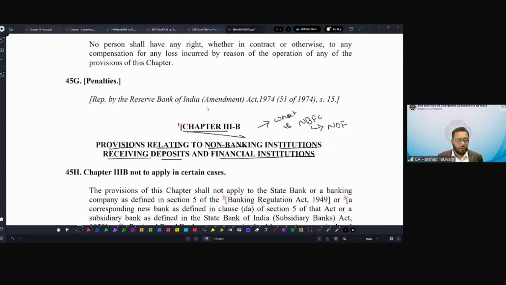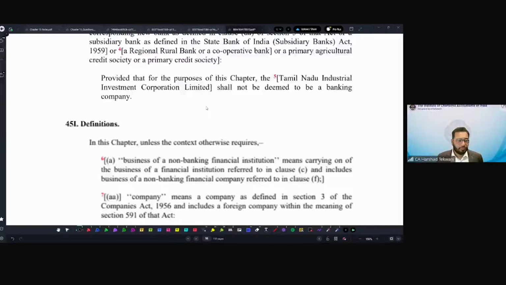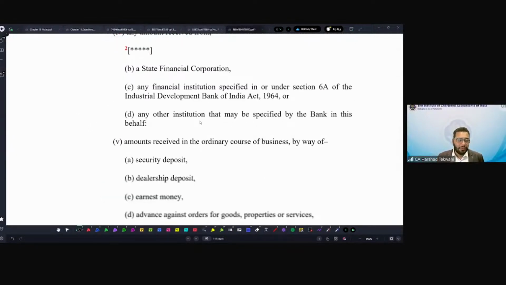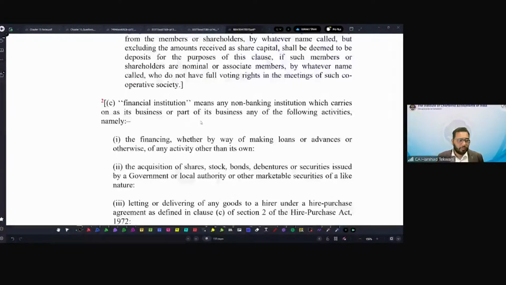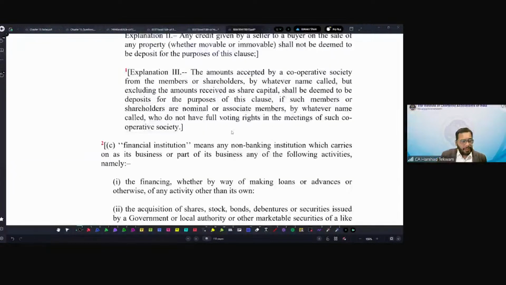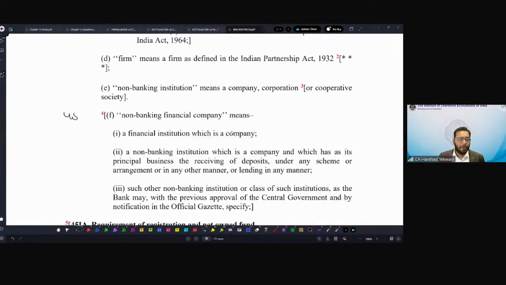Like if I go to a definition, which is under section 45I AF, that talks about non-banking financial company.